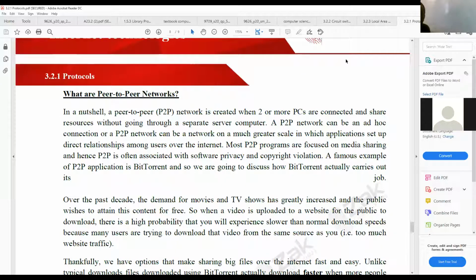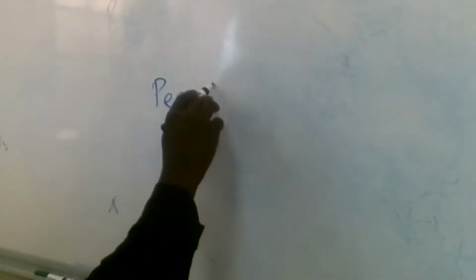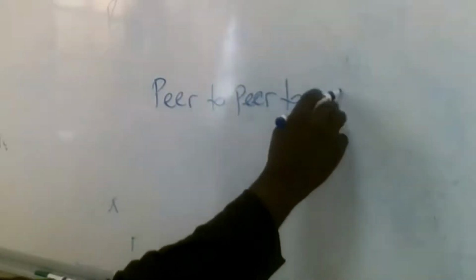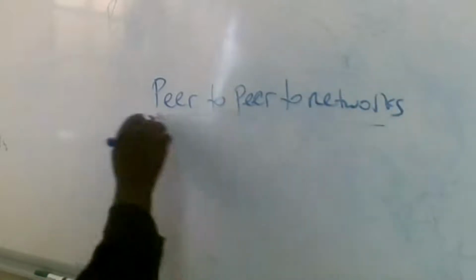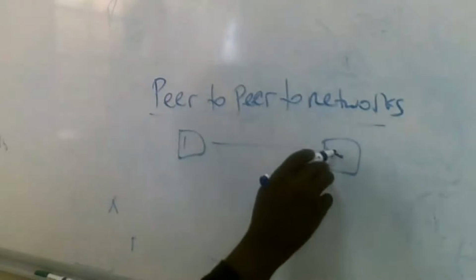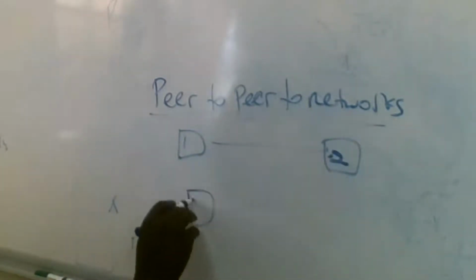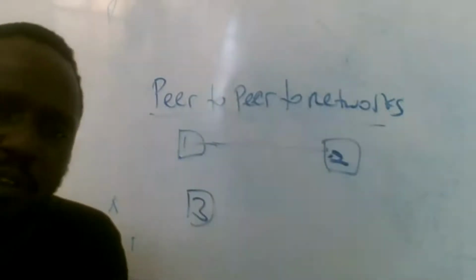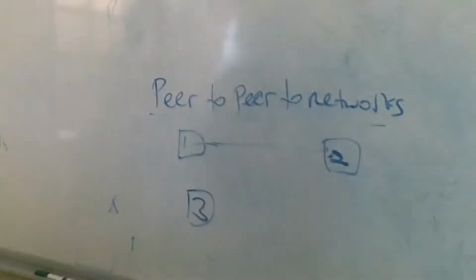Peer-to-peer networks are computer networks where computers communicate directly to one another without having to use a server. We don't need a server. They communicate directly to one another. That's called peer-to-peer communication or networking.